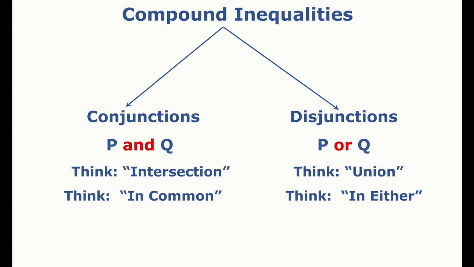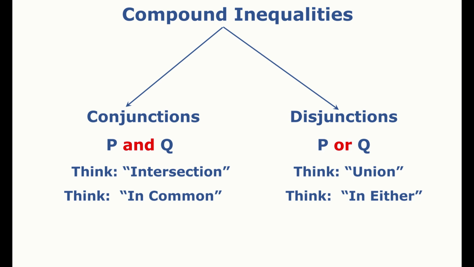One is composed of the group of conjunctions, which are basically AND statements, and disjunctions, which are OR statements. Basically, in the case of our program, P and Q are just going to be two different inequalities.